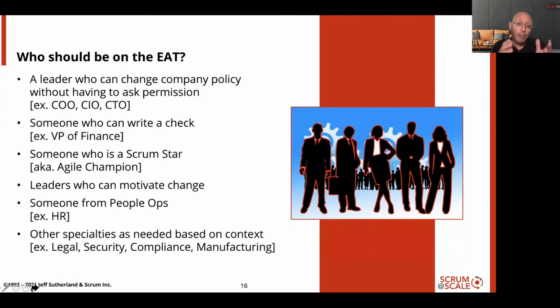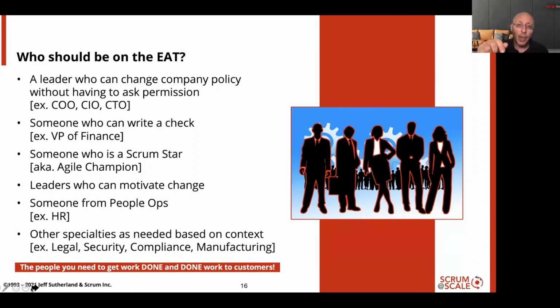If you're manufacturing hardware, you may need someone from production or manufacturing, or even service on that executive action team, because those may be the biggest impediments that you face. So when you're thinking about this, you're thinking about the people you need to get work done and get done work to your customers. That's how you would staff your executive action team.